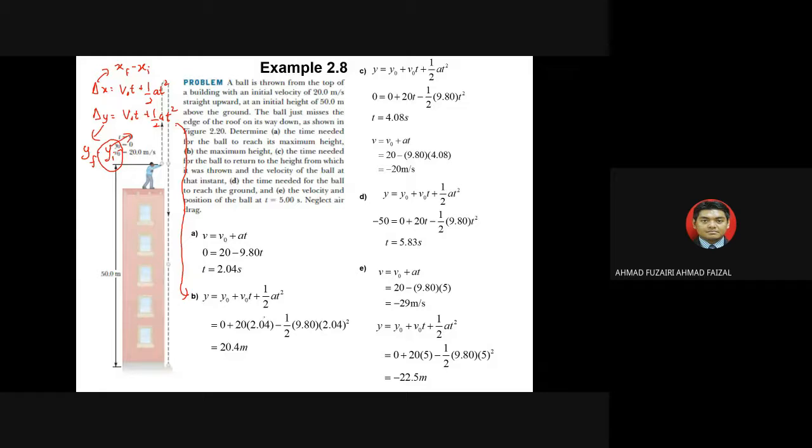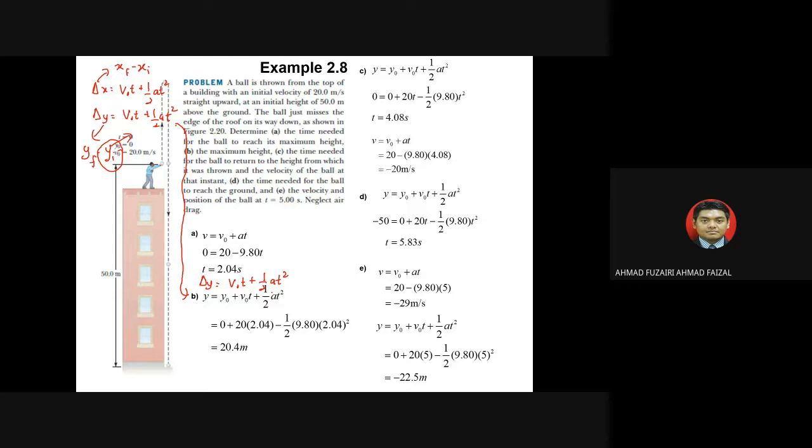So therefore it becomes like biasa dia macam ni, delta Y equals V naught T plus half AT squared. But right now, Y dengan delta minus the Y naught, so Y naught dia bawa ke sebelah sana. So that's why it becomes like this.